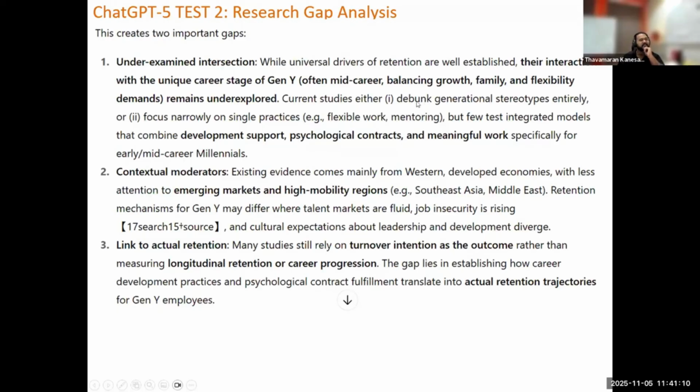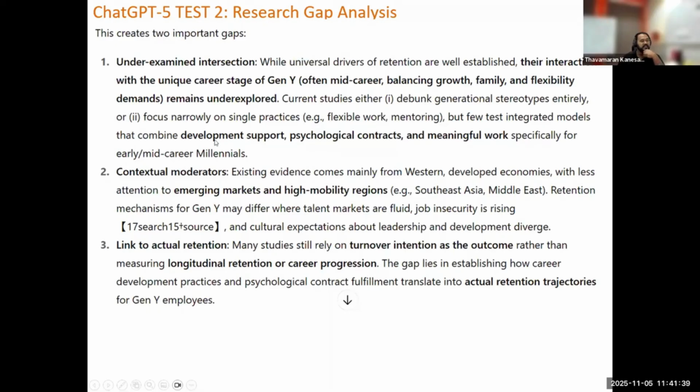Current studies either debunk generational stereotypes entirely or focus narrowly on single practices, flexible work, mentoring, and so on. But few test, listen to this very carefully, few test integrated models that combine developmental support, psychological context, meaningful work specifically for early mid-career millennials.